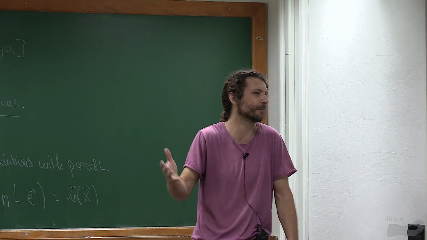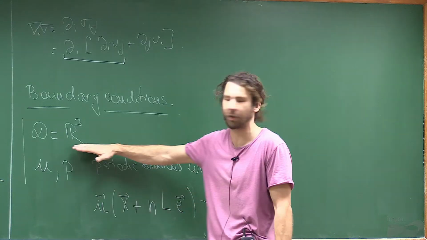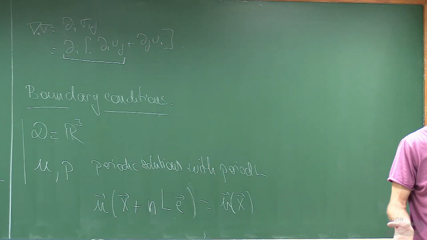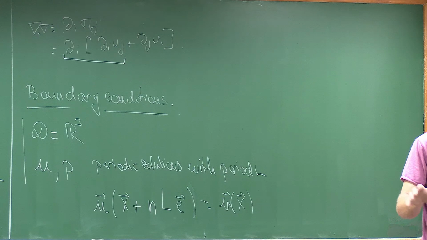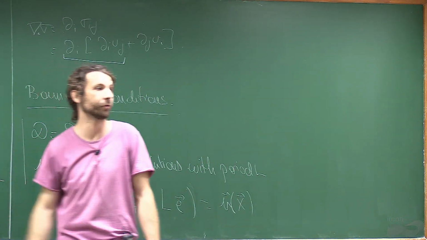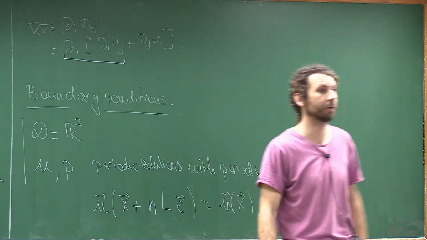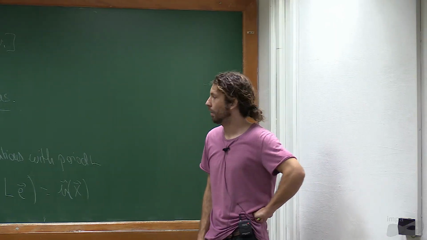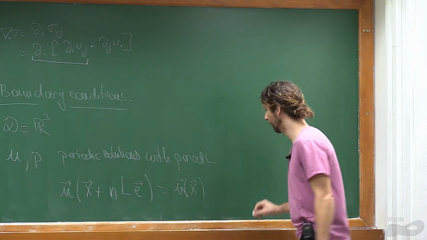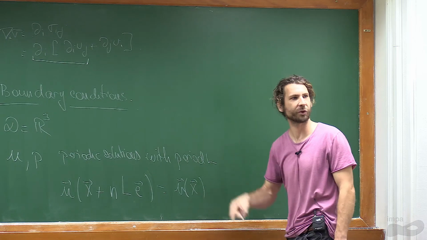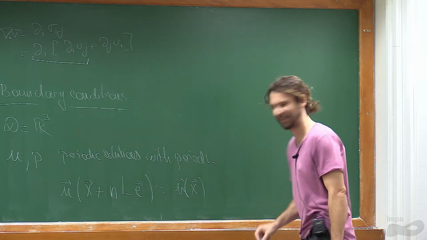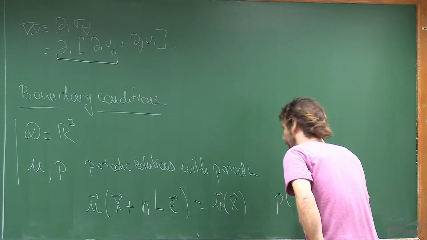So it's more convenient, in a sense, to say, okay, we are working on R cube, but U has some periodicity, than to say that you are working on the torus and that all the trajectories, especially with this Lagrangian interpretation, will be on the torus. But yes, it doesn't involve pressure. Yes, the pressure as well. Sorry, yes, pressure as well. And I will make a comment on the pressure after 5 minutes.